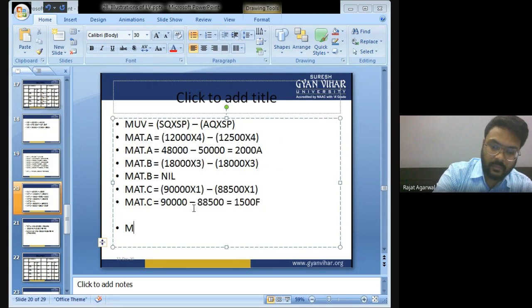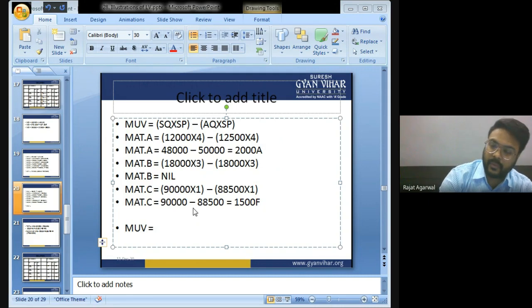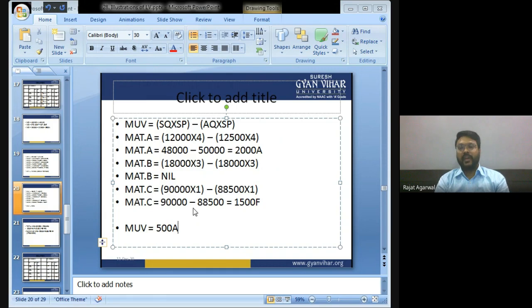Now, material usage variance is 2,000 adverse minus 1,500 favorable, 500 adverse. Material usage variance will be 500 adverse.